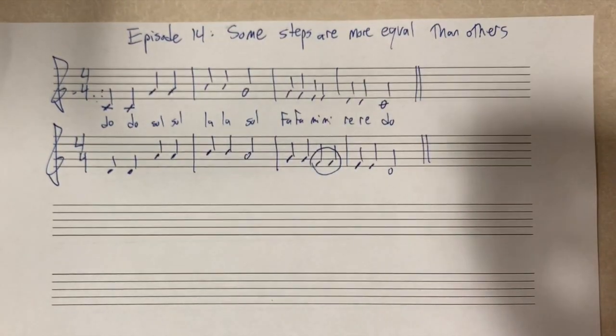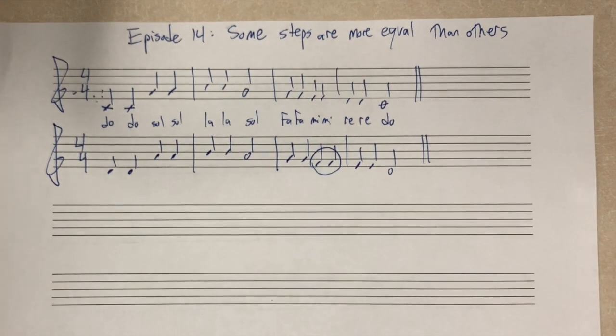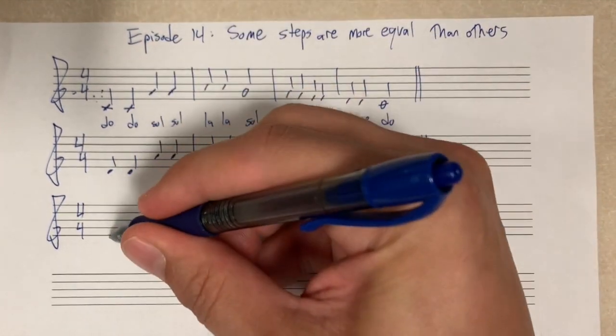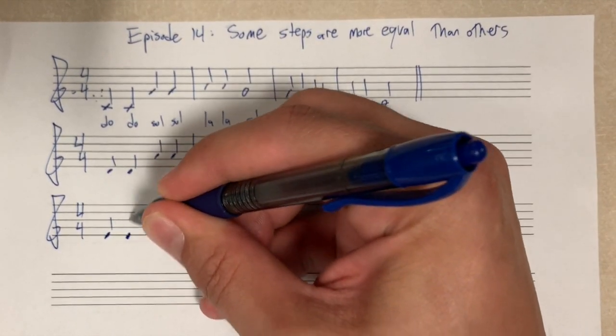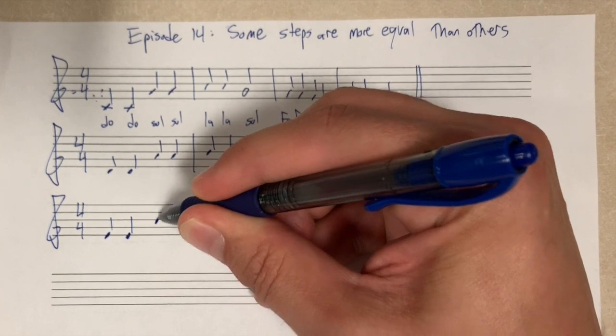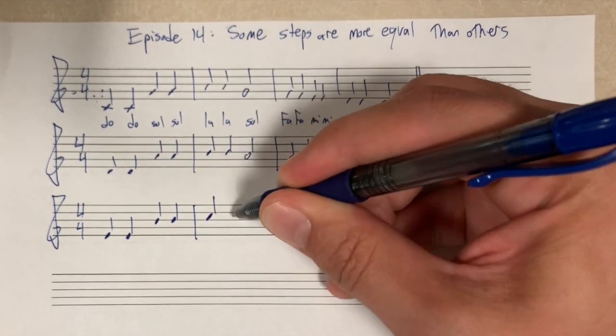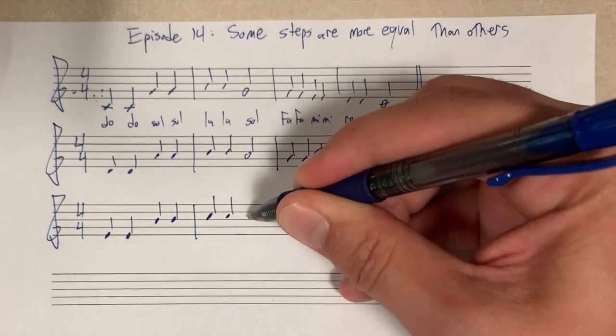But first, just for fun, let's do it one other place. Let's say we wanted to try it starting on an E. So same thing, we'll keep all the internal relationships. Here it goes up a fifth. We call this a fifth. Here it goes up just a step, and here it comes back down.